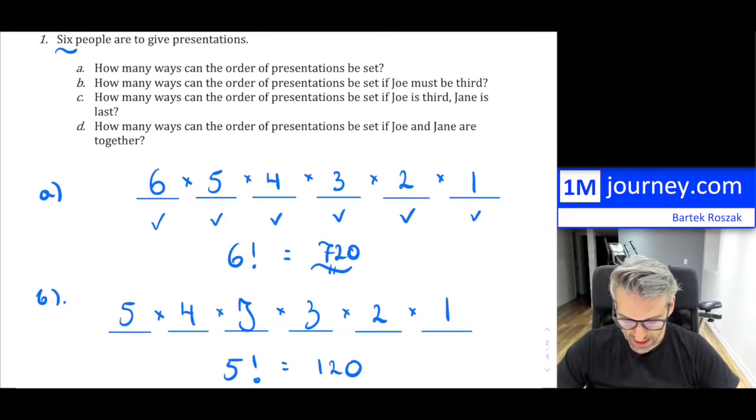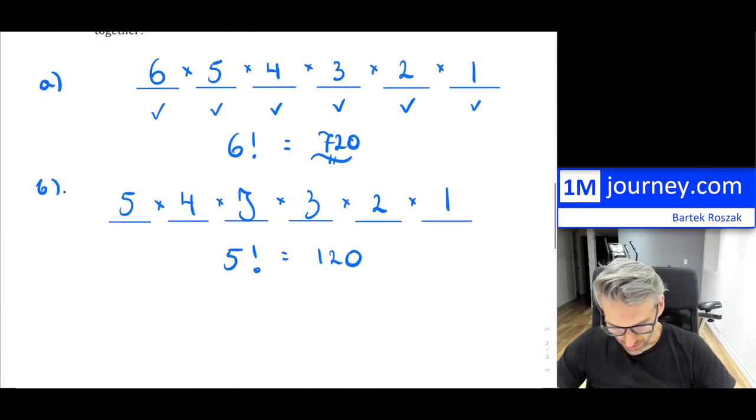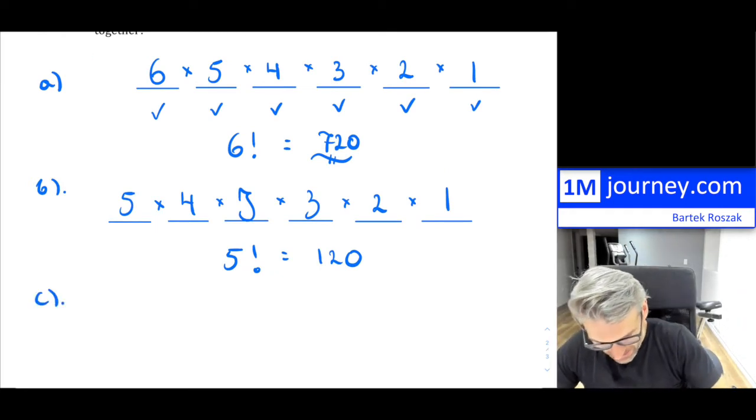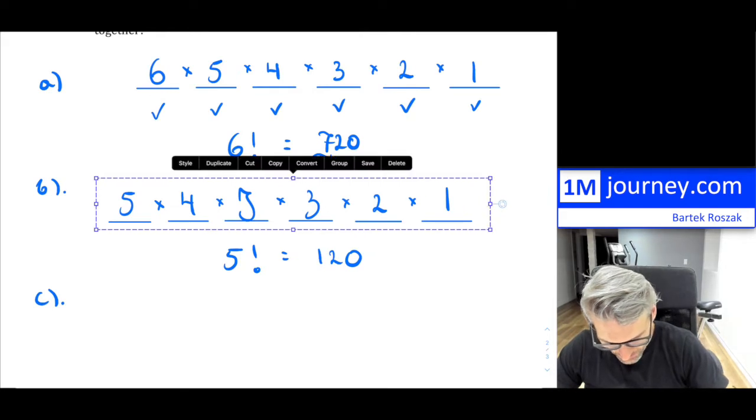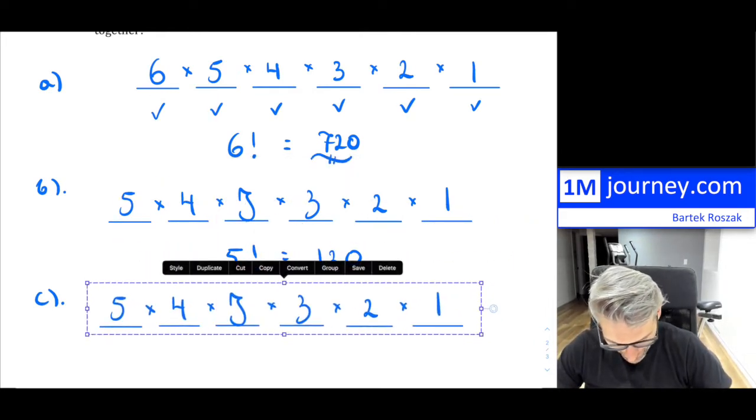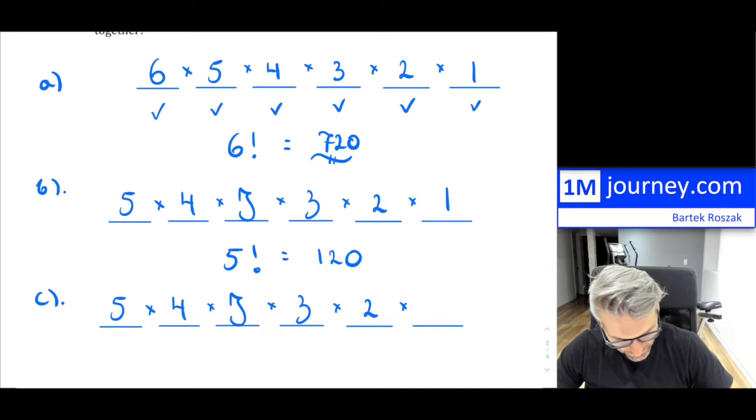Now for part C, how many ways can the order of presentations be set if Joe is third and Jane is last? In that case, once again, I'll duplicate this.